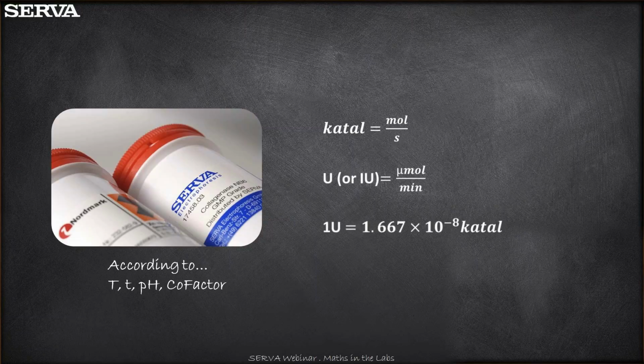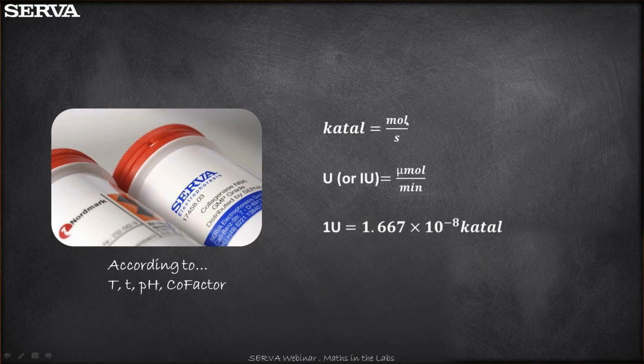These Katal values are normally quite high, and due to these high Katal values, another unit has been established, the so-called international units, in short IU, or also U, depending on the manufacturer. And this factor is just a conversion of the units.